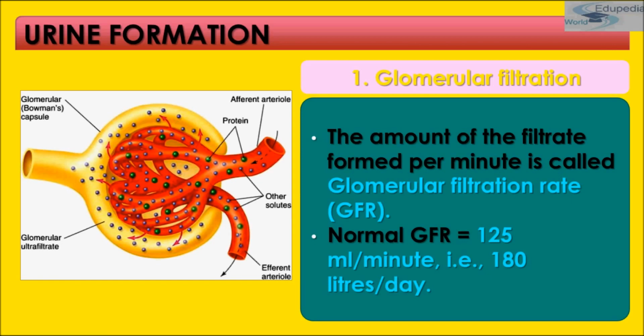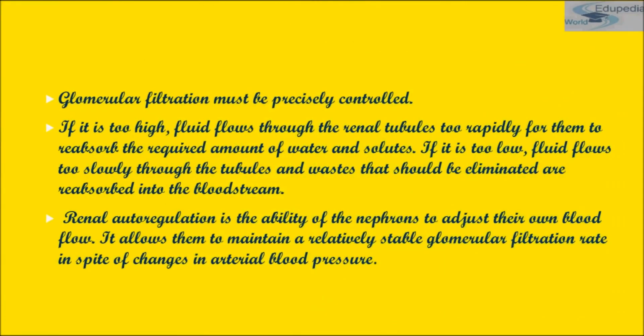So glomerular filtration must be precisely controlled. If it is too high, fluid flows through the renal tubules too rapidly for them to reabsorb the required amount of water and solutes. And if it is too low, fluid flows too slowly through the tubules, and wastes that should be eliminated are reabsorbed into the bloodstream.